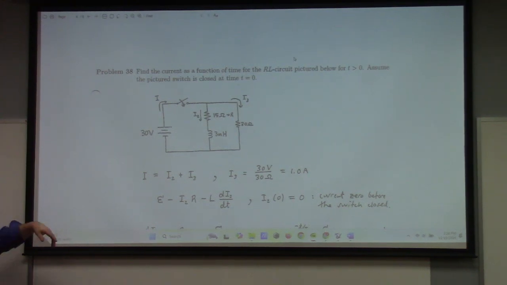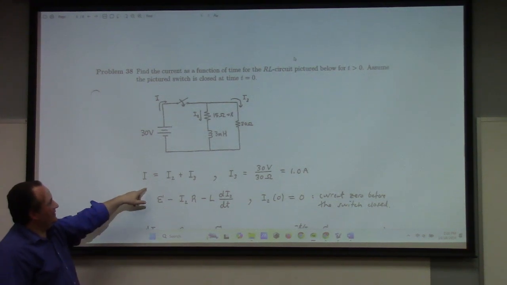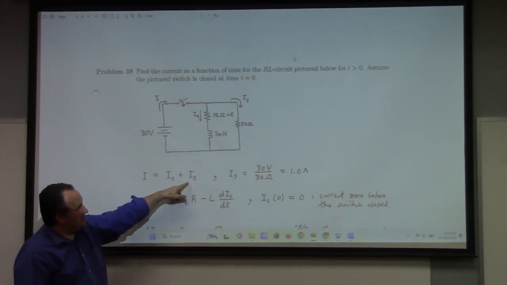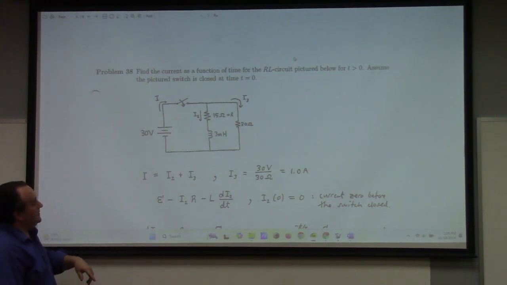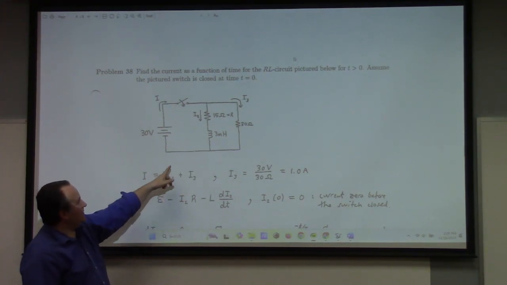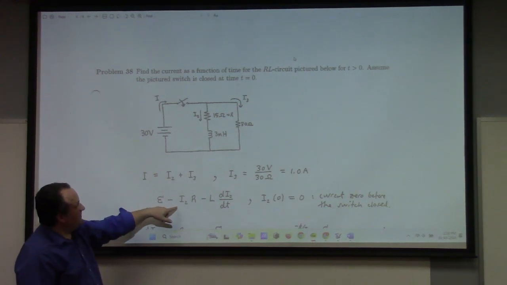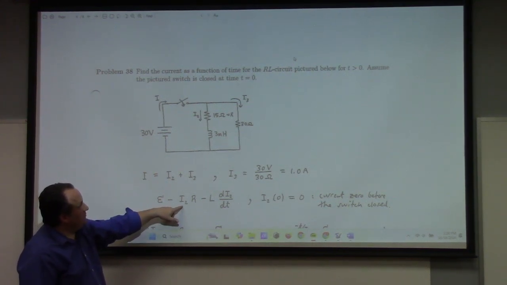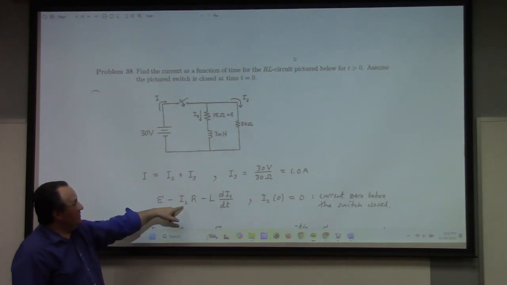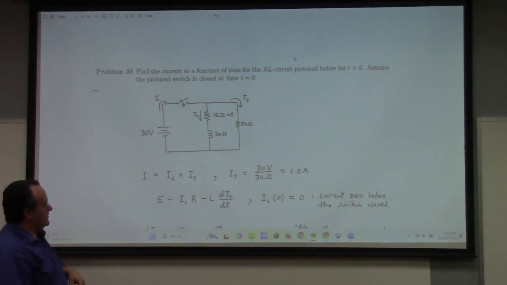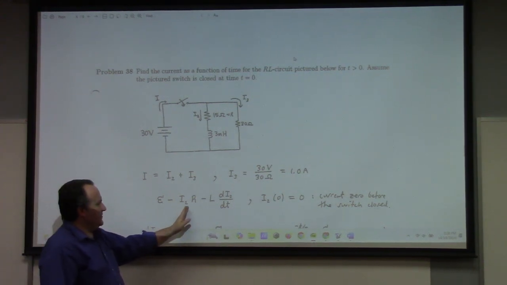So anyway, we have to solve the differential equation. On the one hand, we have Kirchhoff's current law, or if you like, conservation of charge at the upper node. I is equal to I2 plus I3. That's true. On the other hand, if we follow Kirchhoff's voltage law around the loop, we get the voltage E minus I2 times R, which is 15 ohms, minus L dI2/dt equal to 0. There seems to be a 0 missing from this equation.